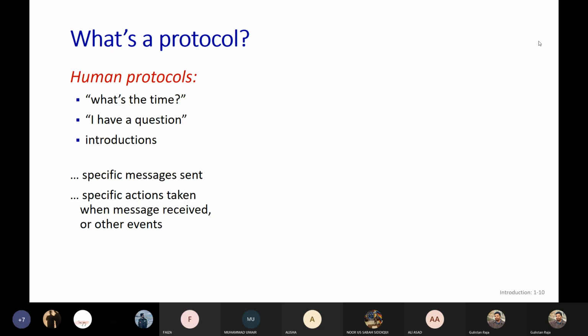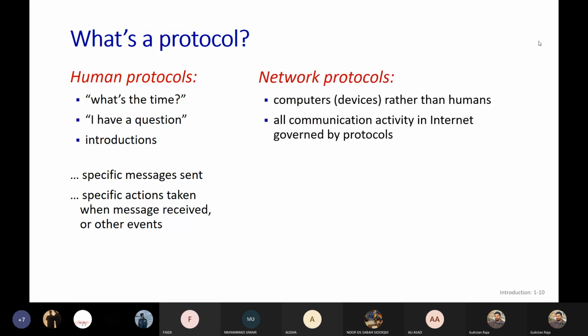In the case of network protocols, you can think like this: instead of humans, we have computers and devices. All communication activity in the internet is governed by protocols. So protocol is everywhere in the internet, because two devices cannot understand each other without having a common protocol.